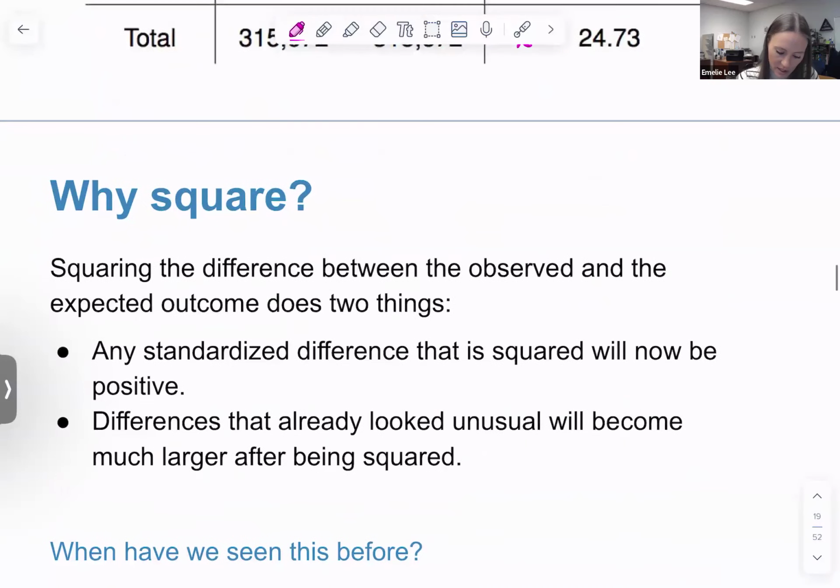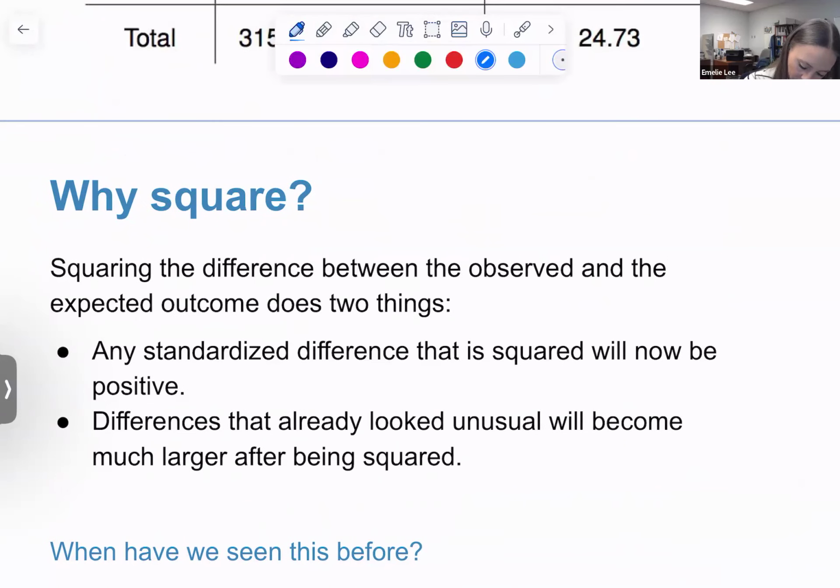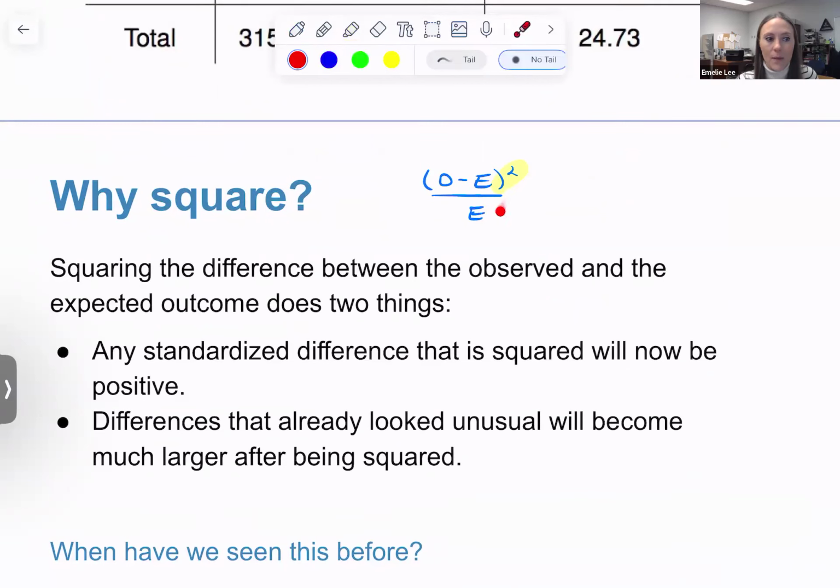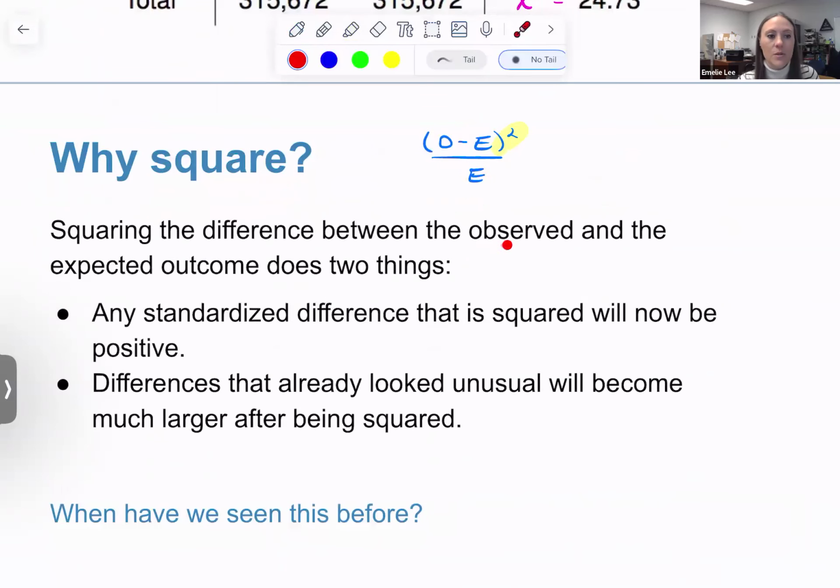And so let's just talk, briefly, about the observed minus the expected squared divided by E. This is what they're talking about here. Why do we square it? I mentioned it in passing, right? But squaring the difference between the observed and the expected does two things.